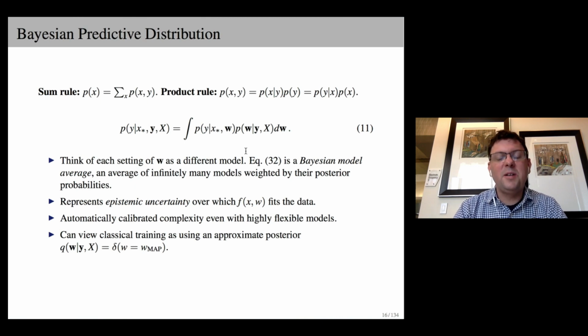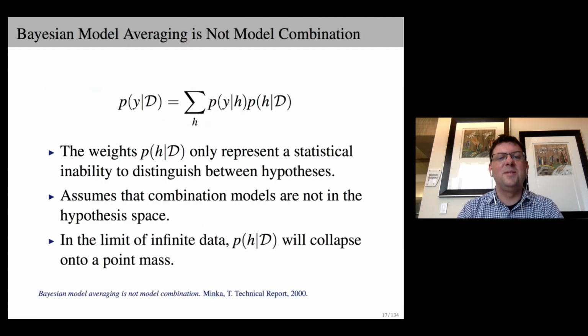So we're going to especially want to do this integral in deep learning. We can also see that we can probably do a lot better than classical training in terms of estimating this integral by using some fairly simple posteriors, which might not be good descriptions of the exact posterior, but are still a lot better than a point mass. So we can definitely improve our estimates without needing an exact representation of this integral.